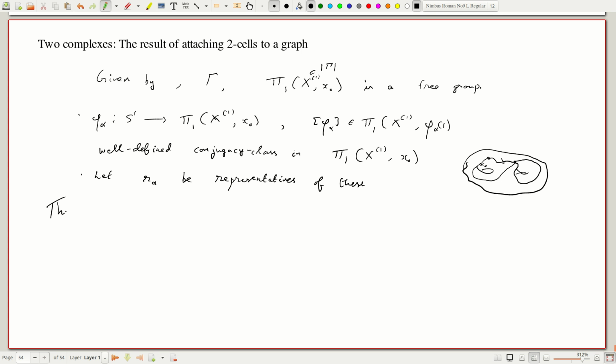Now here is the theorem, which follows from the Van Kampen theorem and a little care with base point which I'll omit.